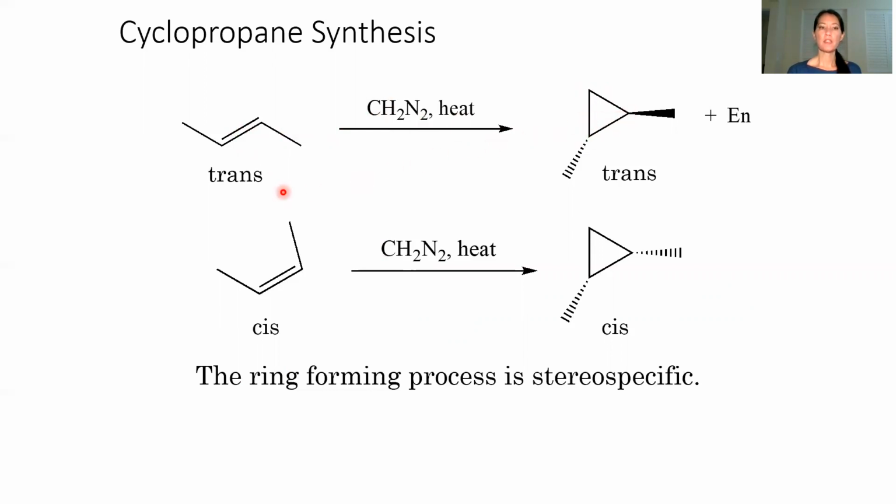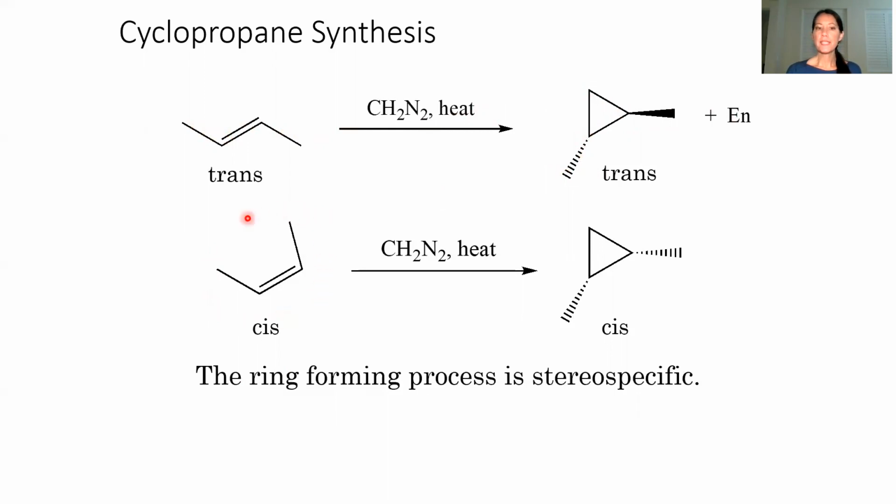So in this case, we have a trans alkene. That stereochemistry is preserved. So basically, trans, these groups are opposite each other. So the easiest way to draw that here is draw the cyclopropane, 1 methyl down, 1 methyl up. The other thing that you also have is it's an enantiomer.